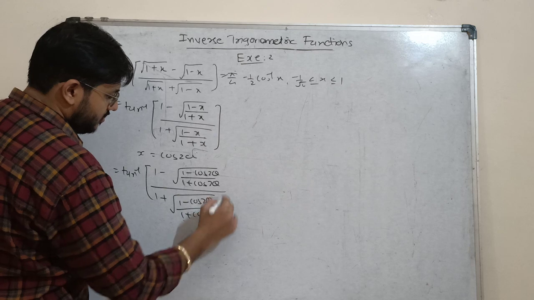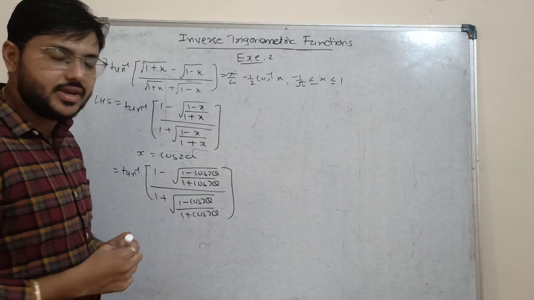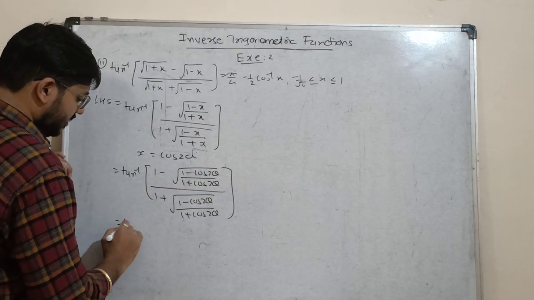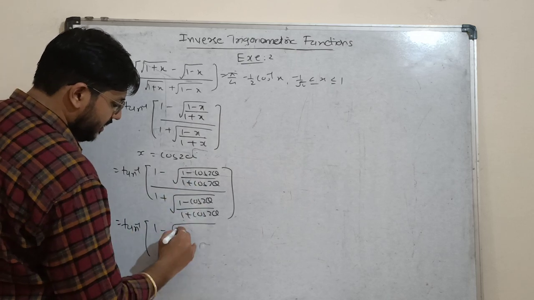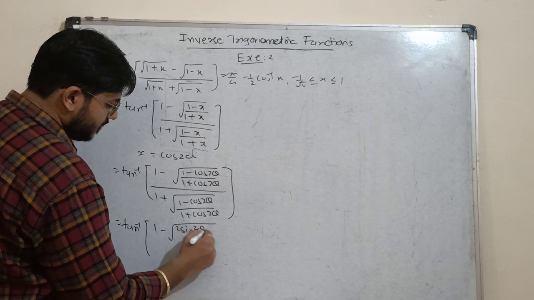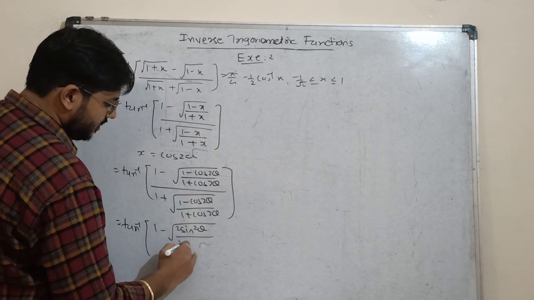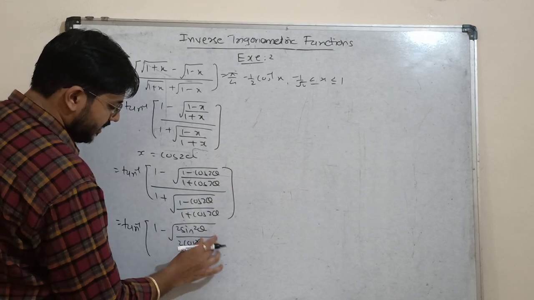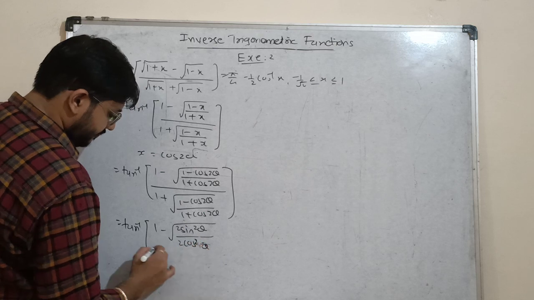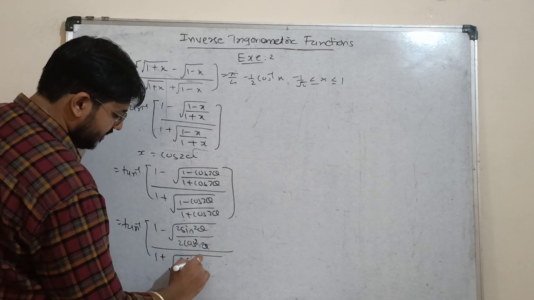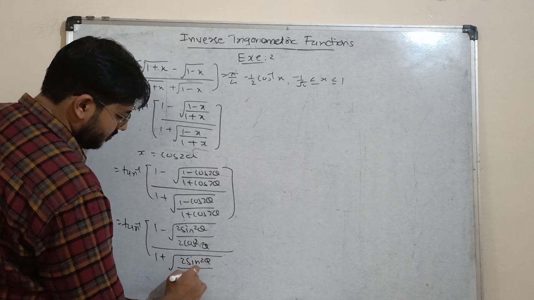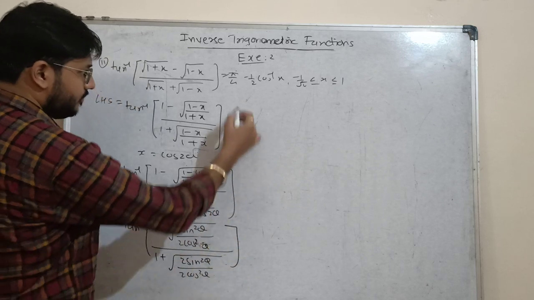Okay, now just check, tan inverse of 1 minus cos 2 theta, that is 2 sin square theta, and 1 plus cos 2 theta, that is 2 cos square theta, by 1 plus again 2 sin square theta upon 2 cos square theta.